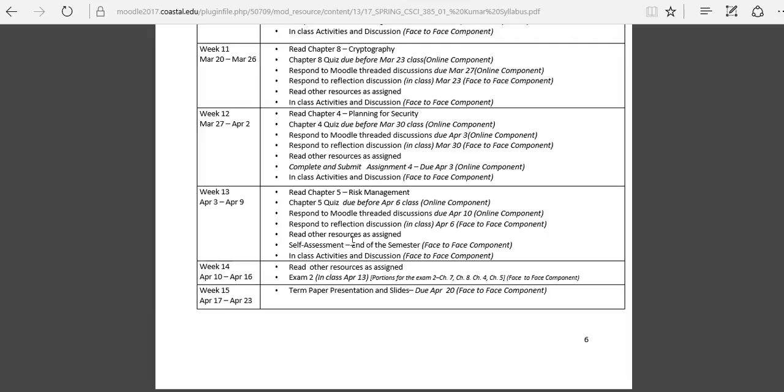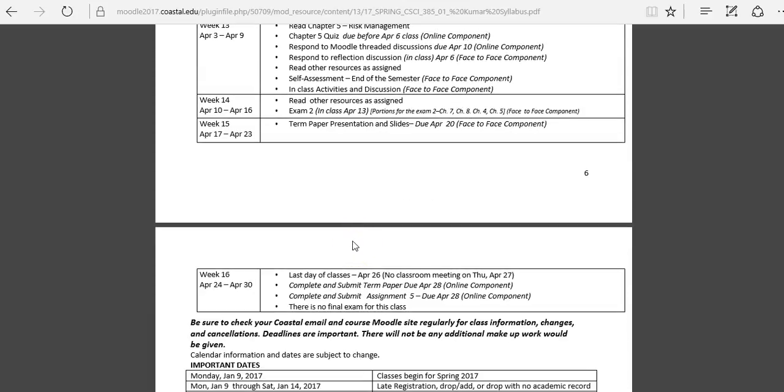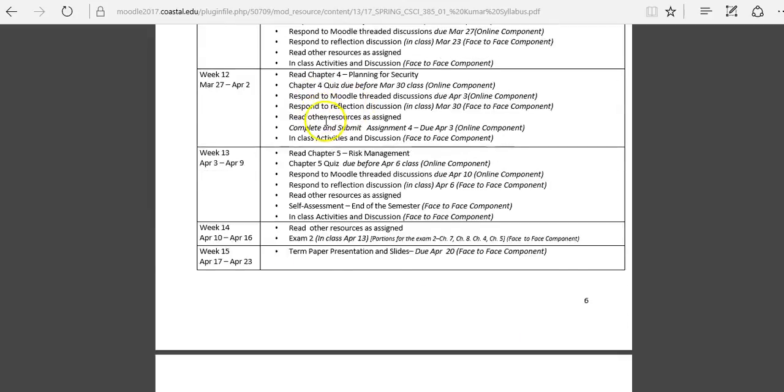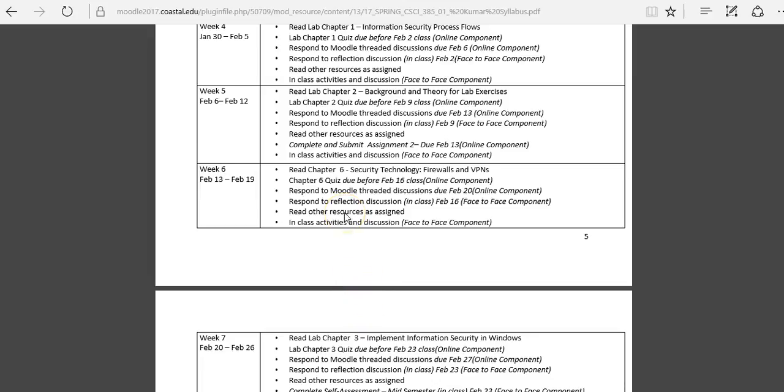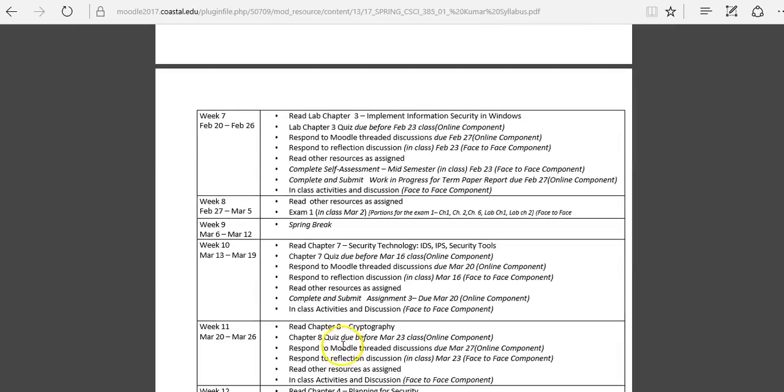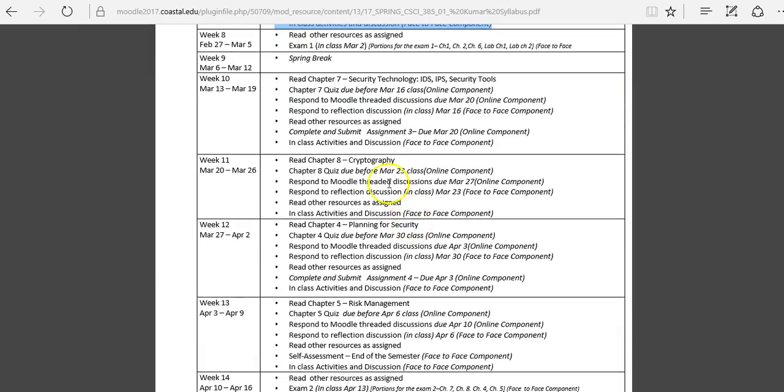There will be 2 exams, and actually 5 assignments, including up to chapter 5. So we will start with chapter 1, chapter 2, lab manual chapter 1, lab manual chapter 2, and then chapter 6, then lab manual chapter 3, which is more related to practical implementations of the security process flows over the Windows environment. And then chapter 7, chapter 8, chapter 4, and chapter 5.